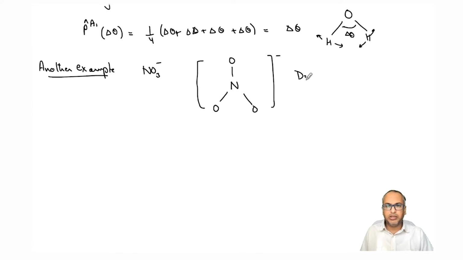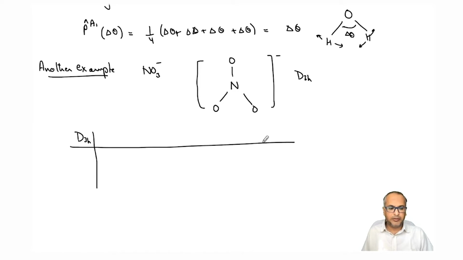The point group is D3h here. So now let's start with finding the symmetry of vibrational modes. So D3h, you have E, 2C3, 3C2, sigma h, and then 2S3 and 3 sigma v's.